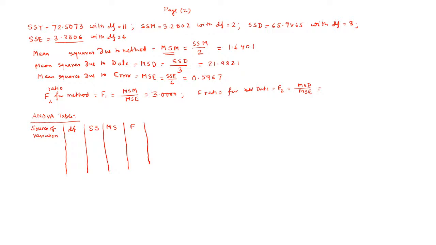Since here it is not mentioned, we consider both the 1% and 5% levels. The observed F is 40.2087, and then the critical values at the 1% level and 5% level.